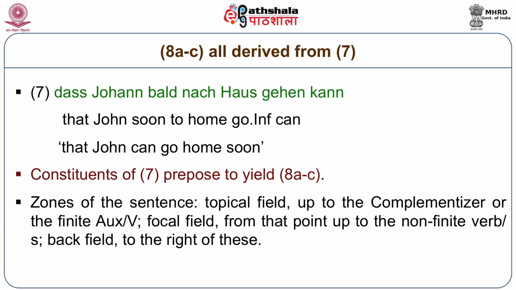Consider sentence 7, which is an example of an embedded sentence. It means that John can soon go home. 7 takes the form: that John soon home go can. In German, dass Johann bald nach Haus gehen kann. That is what an embedded sentence is like.